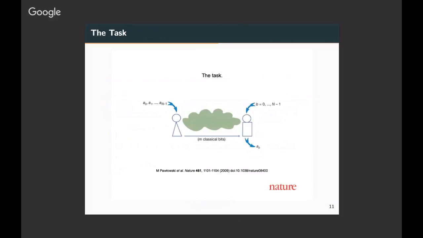B is just one number. In the description of the figure they have written B belongs to, so B belongs to one of these numbers, and he's supposed to get the bth A from Alice. Yeah, exactly. So suppose A0 is 0, A1 is 0, and A2 is also 0.